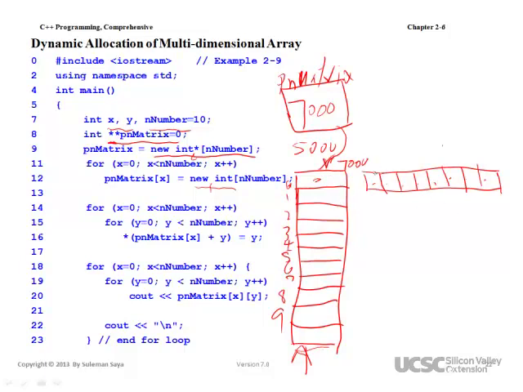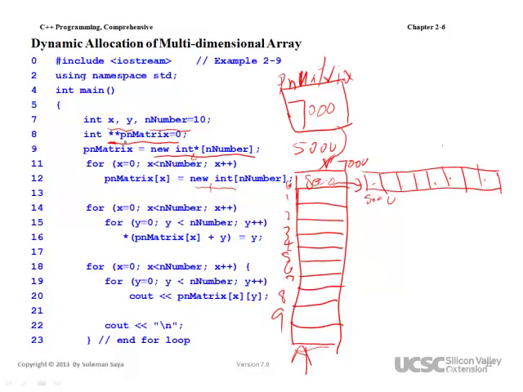So this array could be allocated at address 8000. The very first element would be at 8000, so this 8000 will go right here. Now we are saying that this first element of the array of pointers, or array of addresses, is pointing to the data array, which starts from address 8000. Now look at it.